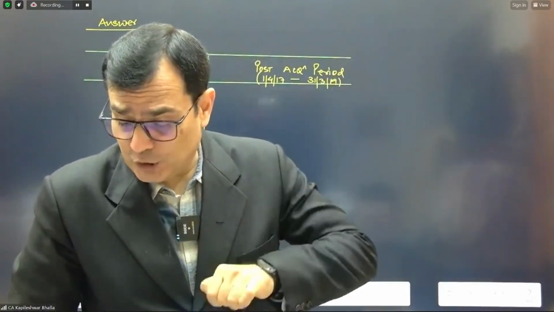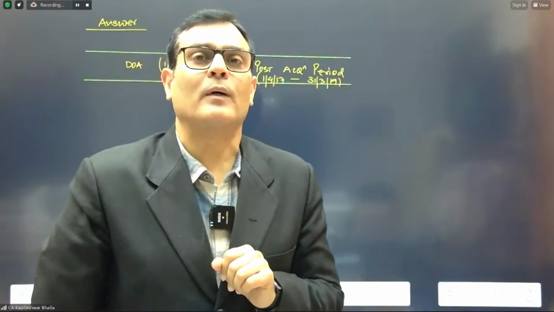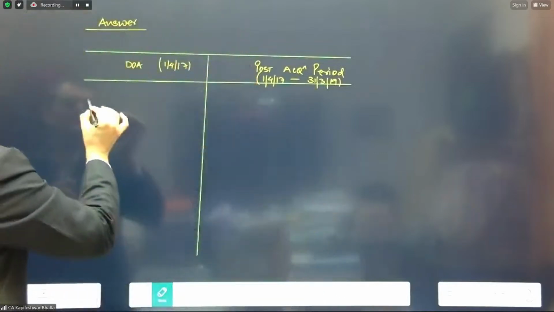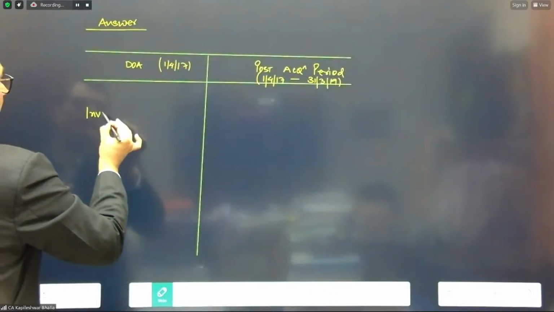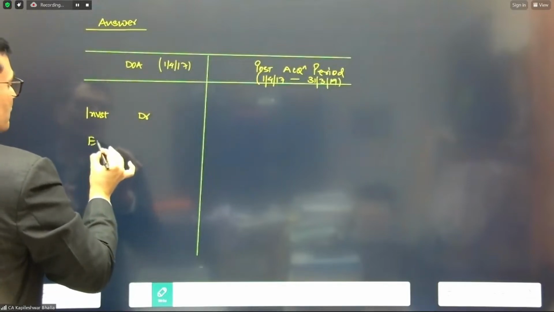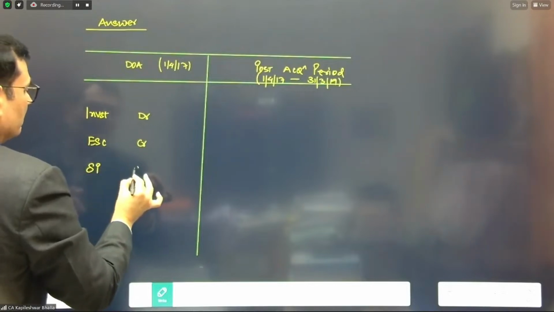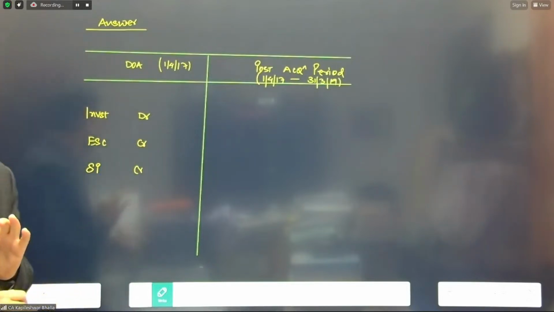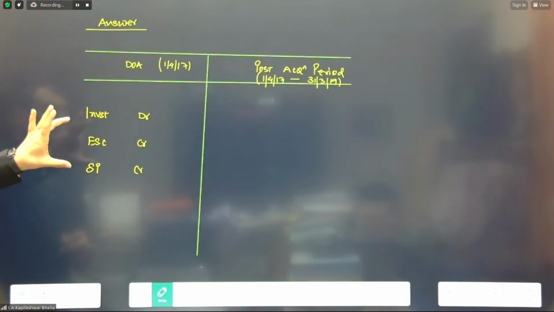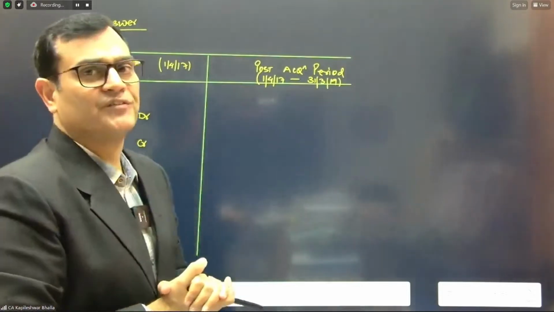It says A issued 2 lakh equity shares with a face value of 1 at a current market value of 1.8. So the entry which should have been done would have been investment debit, equity share capital credit, and securities premium credit. There was an omission as far as recording of the shares given was concerned.